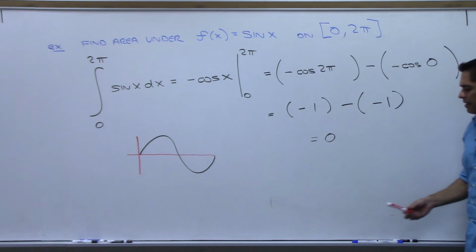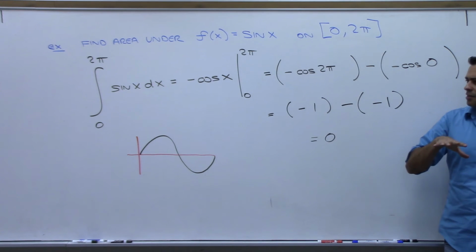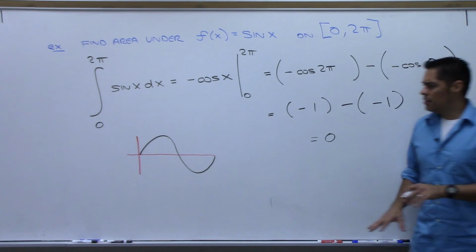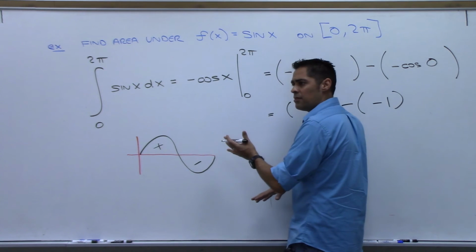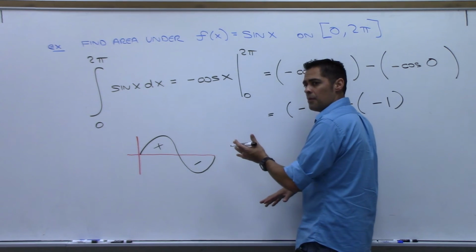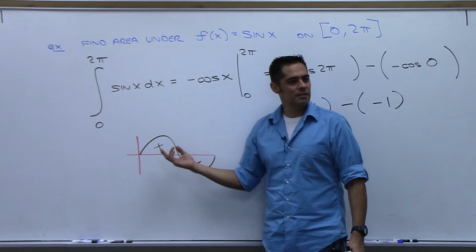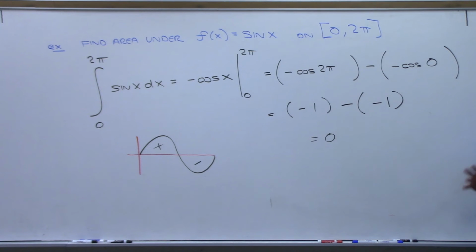Somehow this integral counts things below the x-axis as negative, even though areas should never be negative, right? So it's counting this as positive area and this as negative area, and they're canceling each other out. So that doesn't help me know what the area here is, does it? What we want to try and do is account for this.